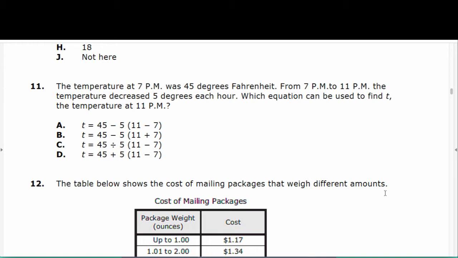B. T equals 45 minus 5 times (11 plus 7). C. T equals 45 divided by 5 times (11 minus 7). D. T equals 45 plus 5 times (11 minus 7).